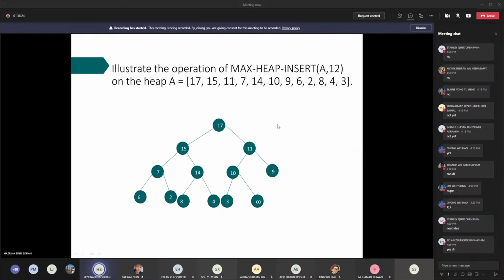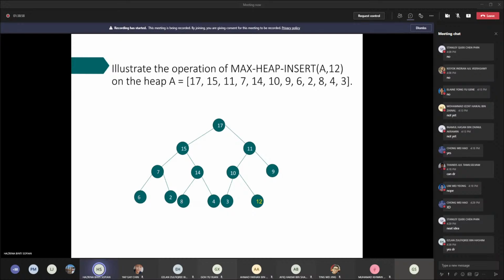The concept is we have 17, 15, 11, so you need to build the heap first. Of course, it's already max heapified because this is a max heap. If you want to insert, this algorithm puts infinity at the end of the array. Then, because they want to add 12 into the array, we put 12 here.